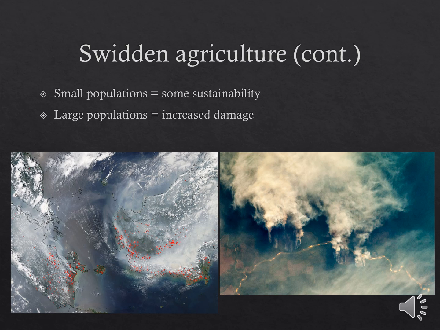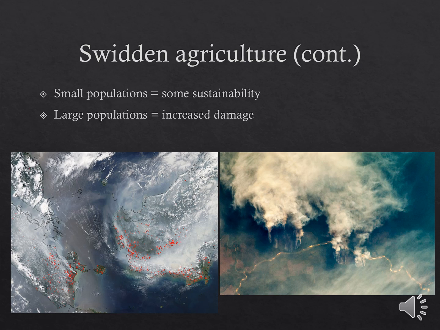One of the problems with this type of agriculture is that in this particular day and age, it causes a lot of damage. Now, what you're looking at on this screen are a few photos of the forests in Sumatra and Borneo, and as well the photo on, I think it would be your right-hand side, along the Amazon. And you can see that those islands and a large part of the Amazon rainforest is on fire.